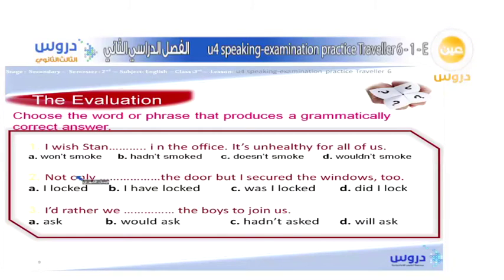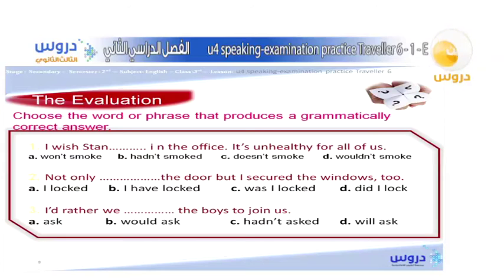We need to make your choice A, B, C, or D. Number 2: Not only I looked, I have locked, was I locked, did I lock the door, but I secure the windows too. The third sentence: I'd rather we ask, would ask, hadn't asked, will ask the boys to join us. The same thing with the previous options. You need to decide only one option for each sentence.